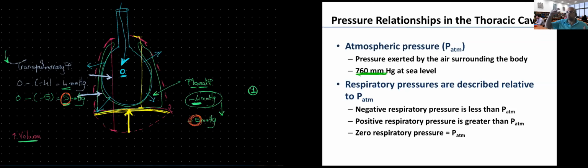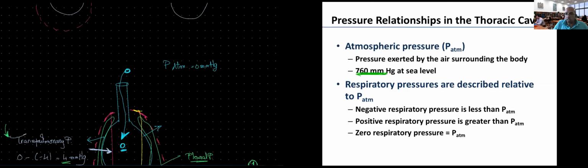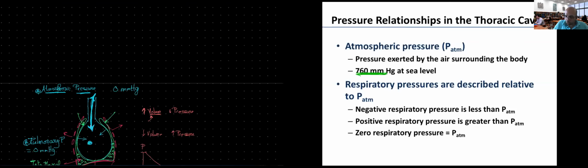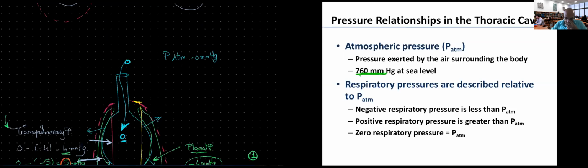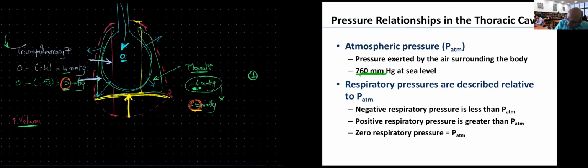And when I reduce the volume of the chest, remember, when I reduce volume, what happens to the pressure? Pressure increases. So the intrapleural pressure, rather than being -5, becomes -4 another time. It increased by 1 millimeter of mercury.